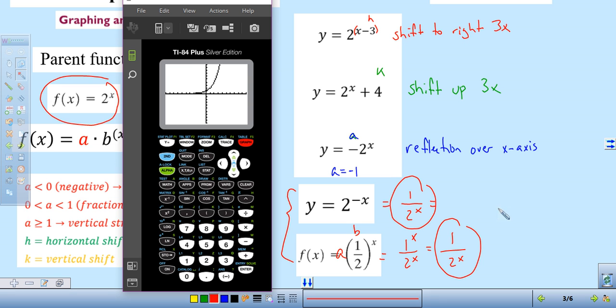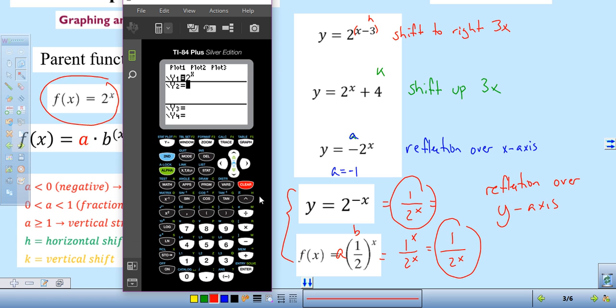And so what we're seeing is this is a reflection over the y-axis. We could come back out and change this one up, and we could do 1 over 2 to the x and graph. See, it's exactly the same.